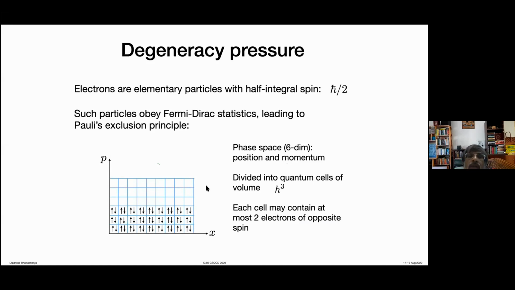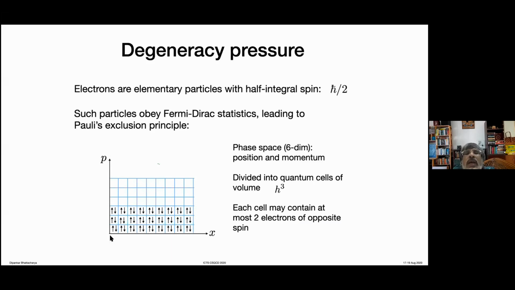So now let us consider a one-dimensional representation of it, where the horizontal axis is space, vertical axis is momentum, and we have this 2-dimensional phase space in this case, and we have divided this 2-dimensional phase space into small cells, and each of these cells can contain only 2 electrons.